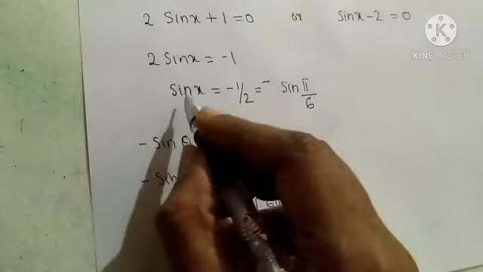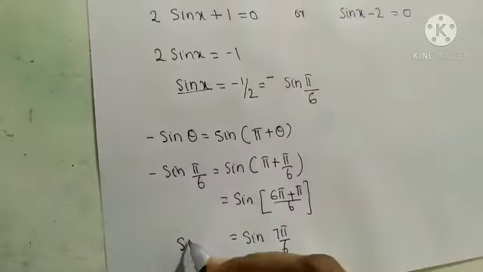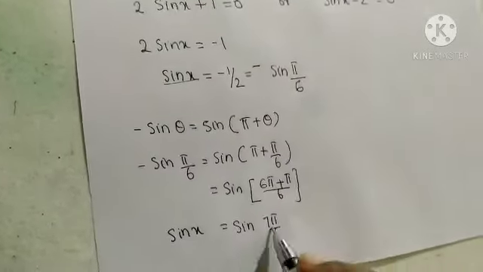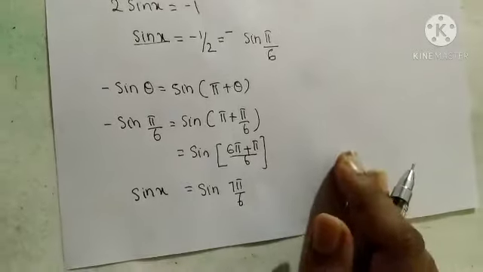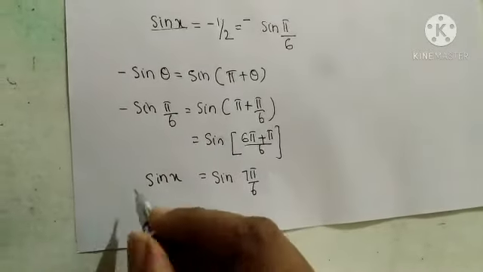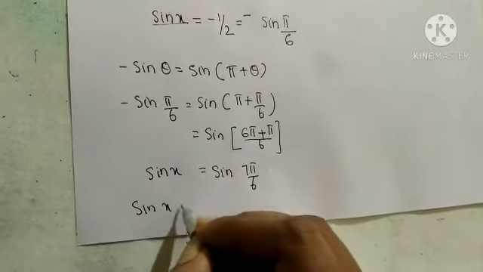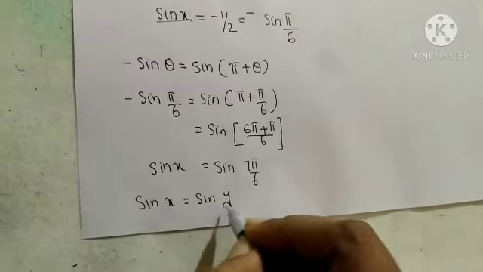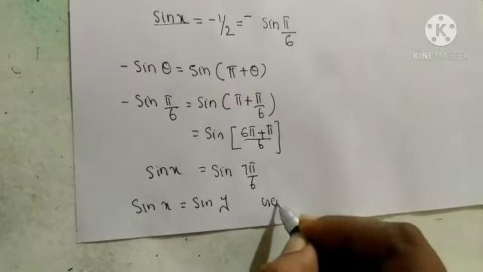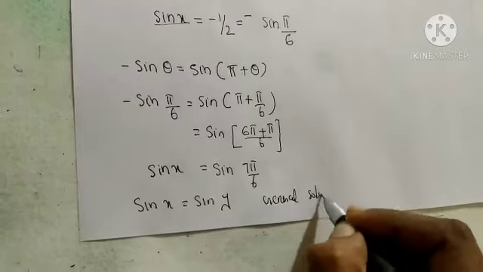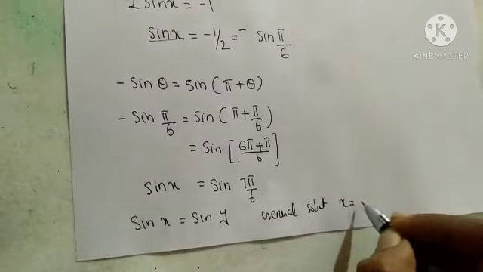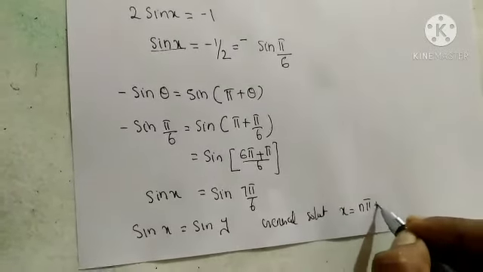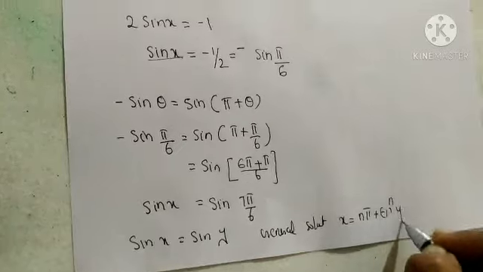Okay, so this sin x is equivalent to sin 7 pi by 6. In the general solution case, if sin x equals sin y, the general solution is x equals n pi plus minus 1 all raised to n y.